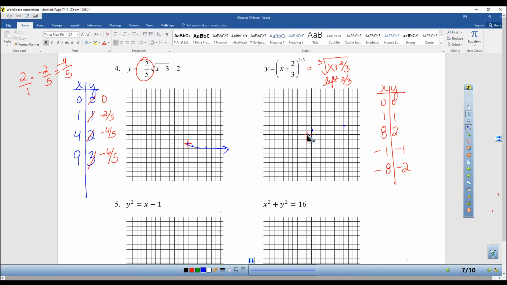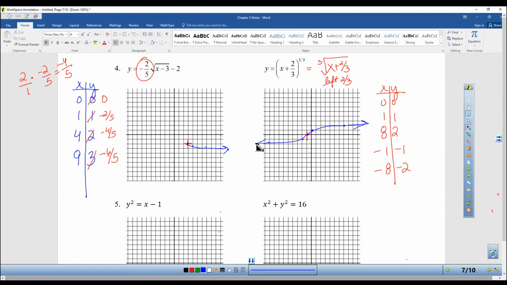Negative 1, negative 1, so I go down 1, and then when I go over 1, remember I'm just shy of it because this is at 2/3. And 8, 2, so that'll put me here and negative 2.